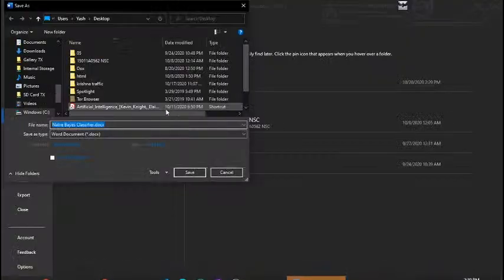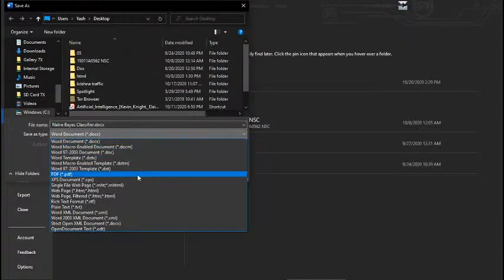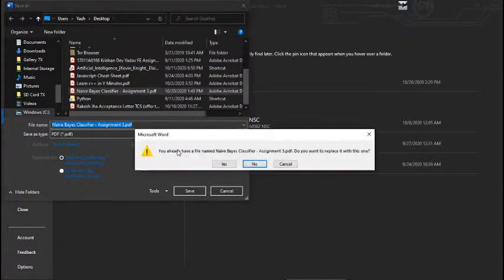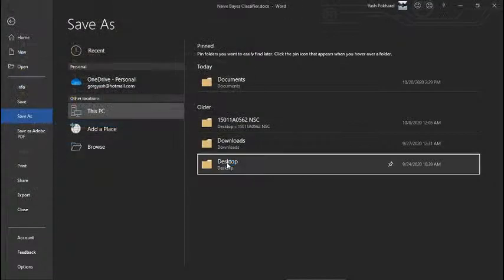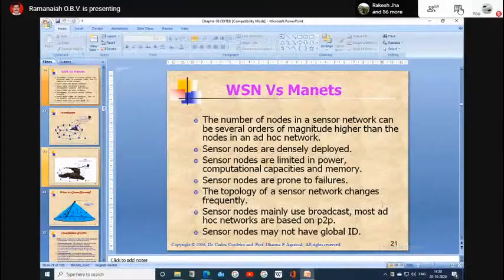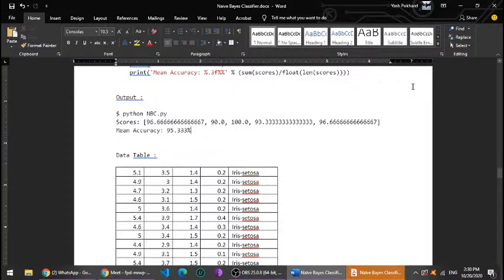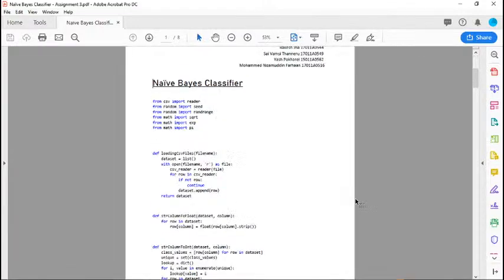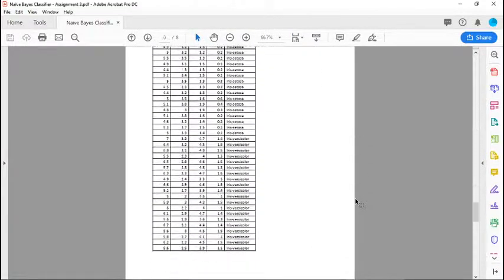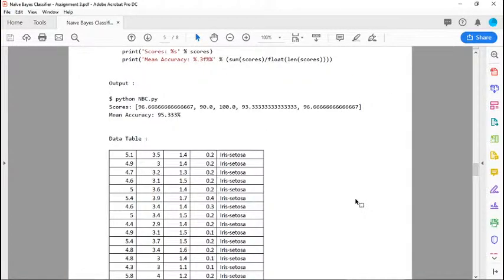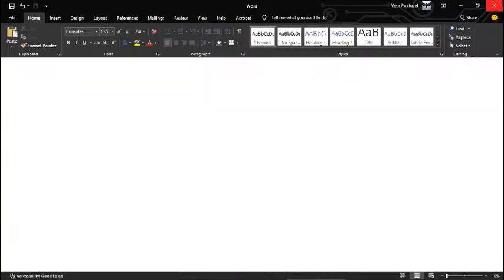The next difference: sensor nodes are prone to failures. Suppose you want to deploy sensor nodes in a forest. What is the way out in a dense forest? Is it possible for humans to venture into the dense forest and sprinkle or throw them in the forest area? It is not possible. So you may go by a low-flying flight and sprinkle them, just leave them from a certain height.